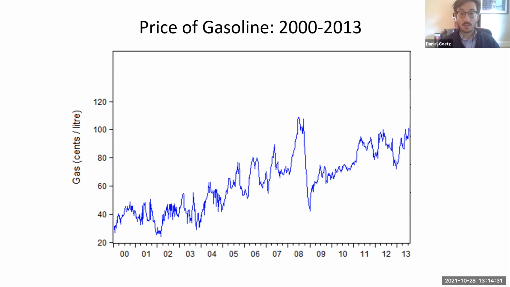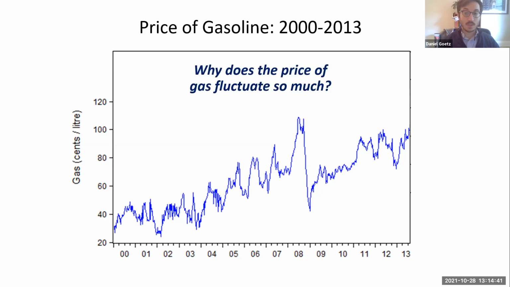What we can see from this graph is that it's going up in the long run, but in the short run, it goes up and down quite a bit, right? So the question I have for you guys is, why does the price of gas fluctuate so much? Why is the price changing all the time? Someone is setting the prices. Why are they changing so much? What do you guys think?